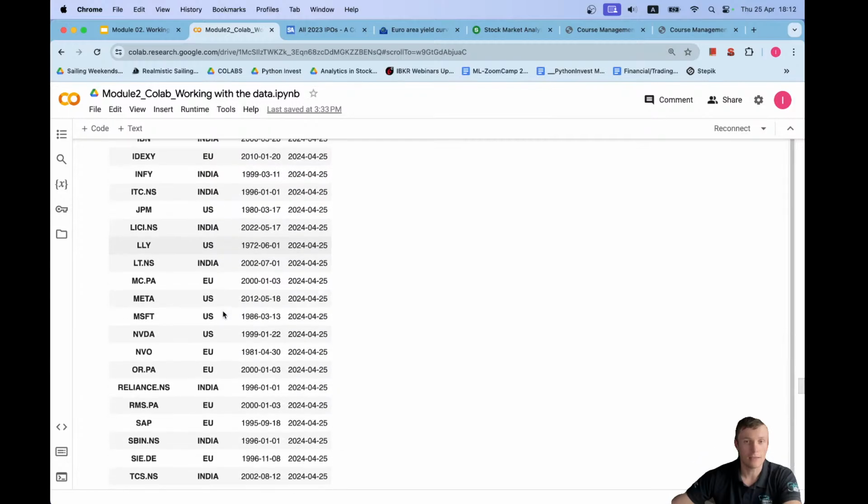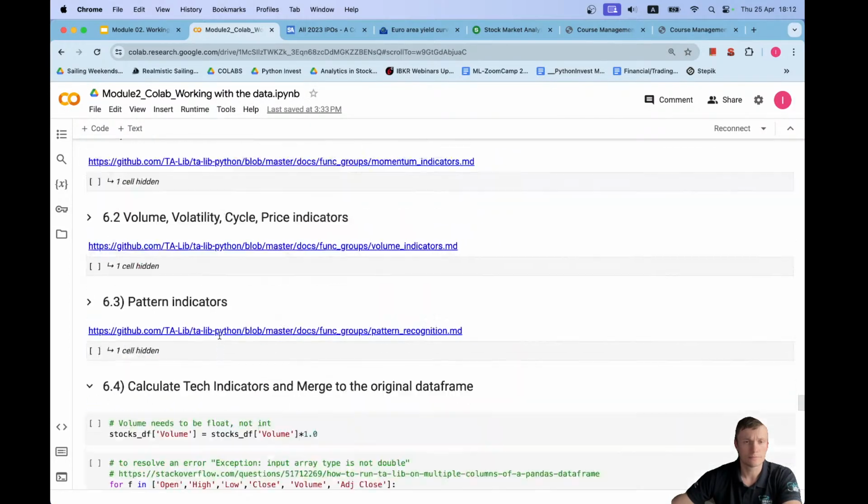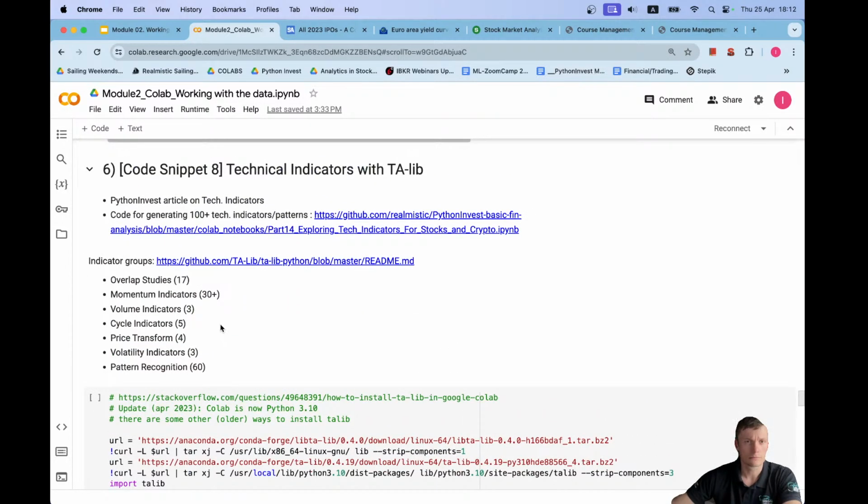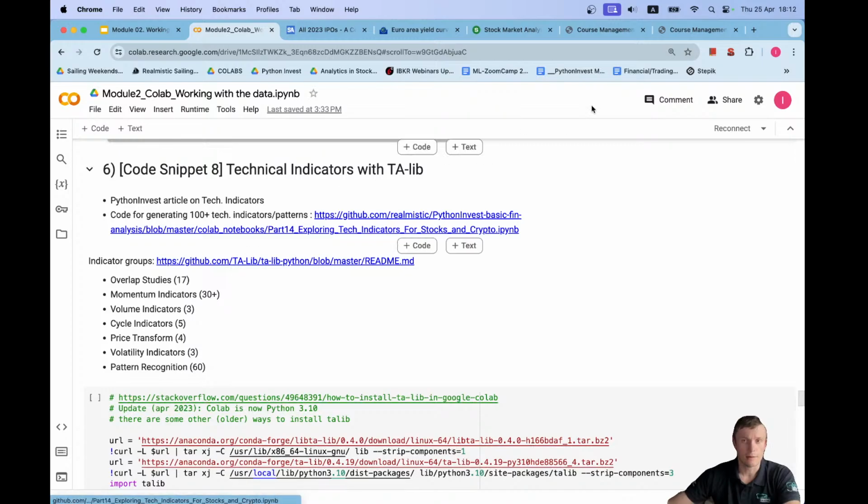It's called snippet 8. I have an article recently published on Python Invest. The code is here. You can see better analysis there, and some descriptive stats and visuals and links.